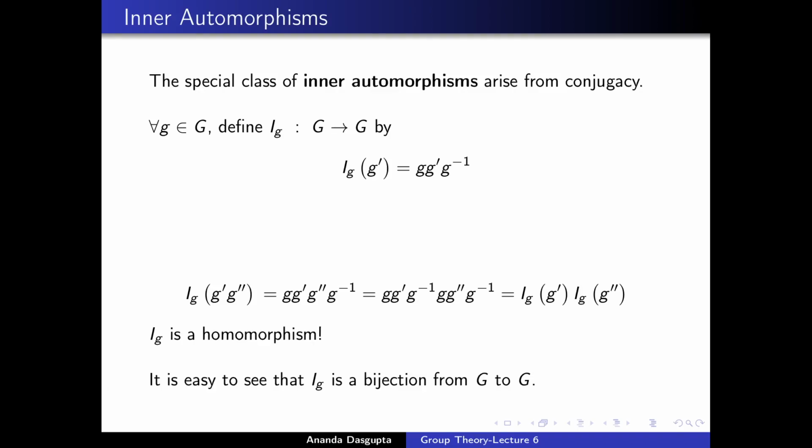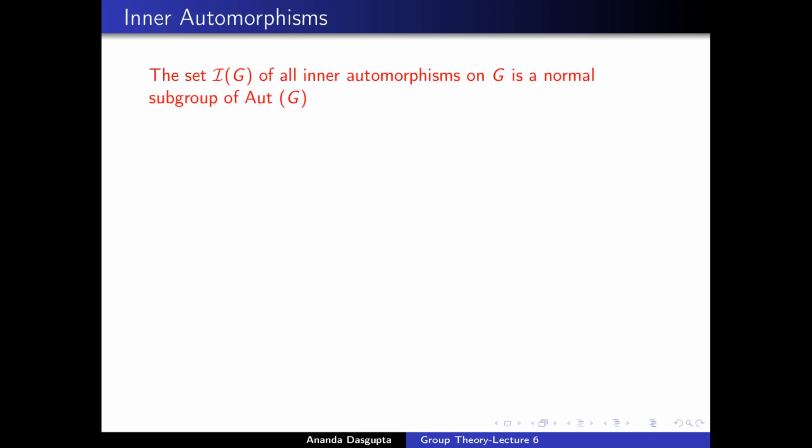Now the collection of all the possible inner automorphisms on a group G is obviously a subset of Aut G. It's actually pretty easy to show that this set or collection, curly I of G, of all inner automorphisms on G happens to be a subgroup.